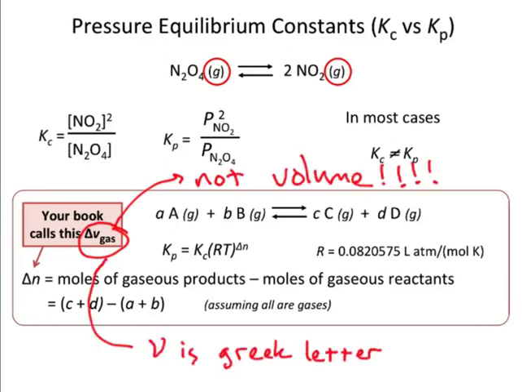This is really the Greek letter nu, which they're using because it's the Greek letter for n. Basically, they're trying to swap out n with n in a different character set, but it just ultimately makes it more confusing. So if you see this in answer keys or the textbook or whatnot, just realize it's the same thing as delta n, but I don't like phrasing it as delta nu, so I don't.